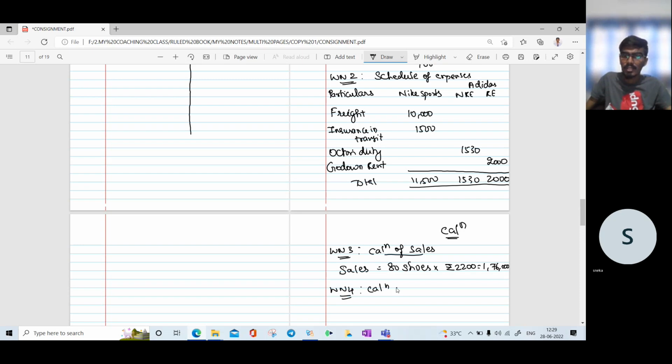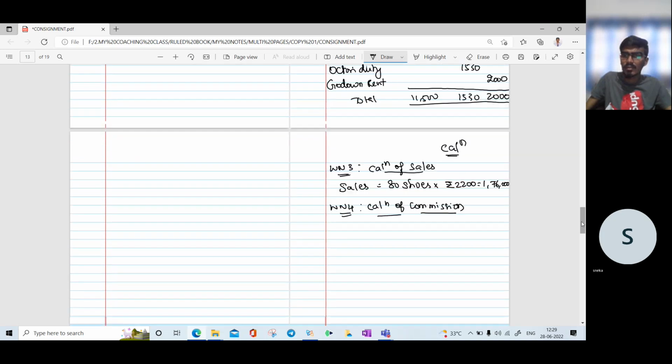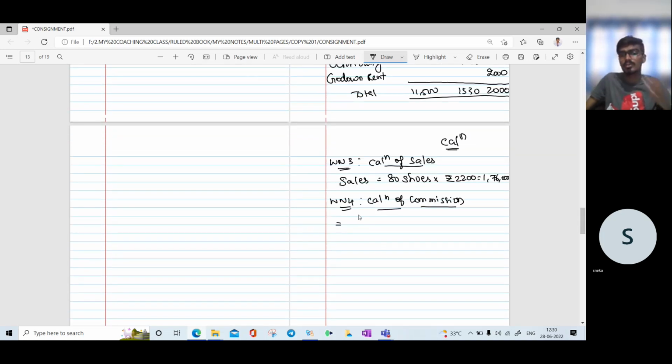Then move on to 4, that is calculation of commission. This is the most important thing. What they are saying: commission equals 5% on invoice price plus 25% of sold shoes into selling price minus invoice price. Do you understand, Sneha?